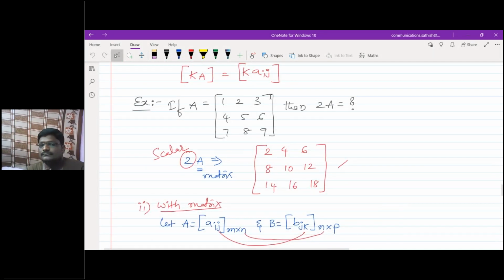Okay, sir. That means if modulus is given, then we can perform that. Mod means determinant only.